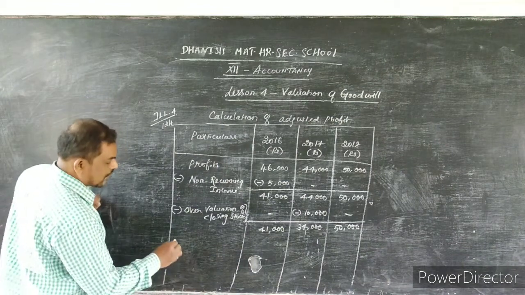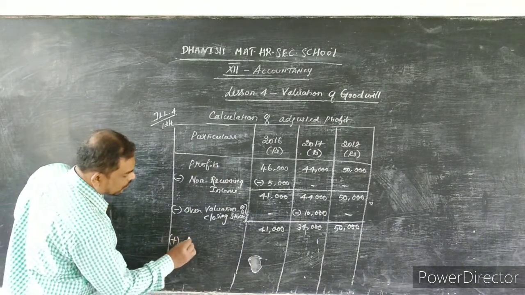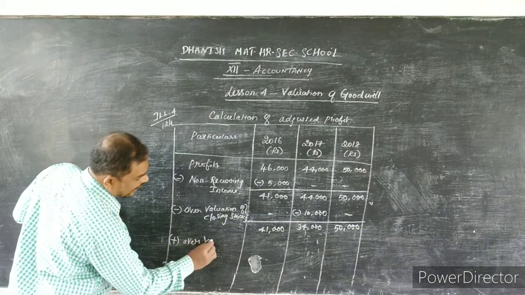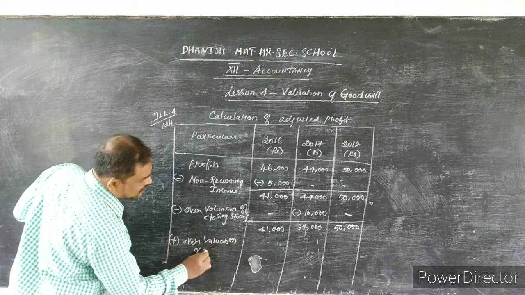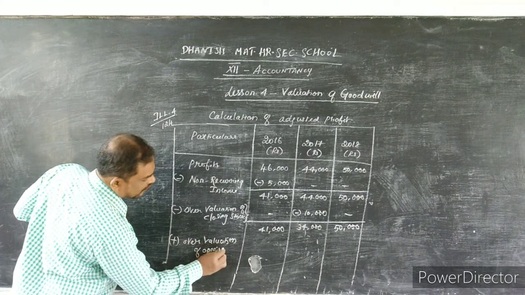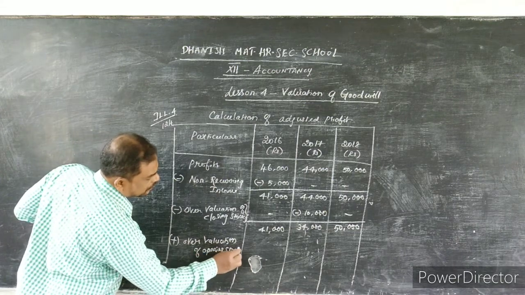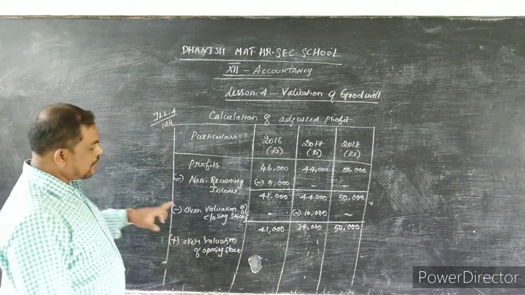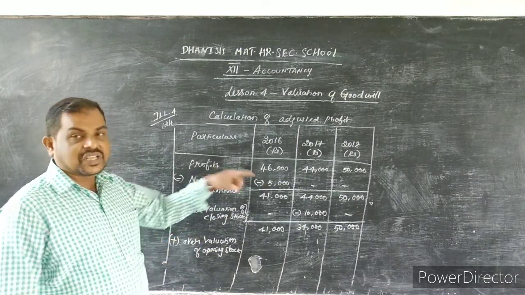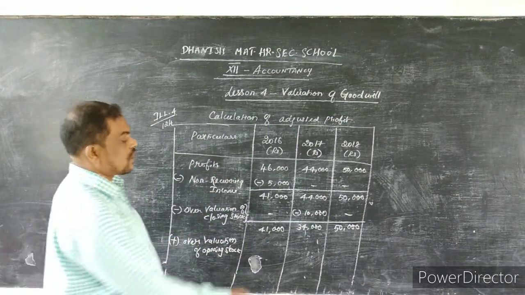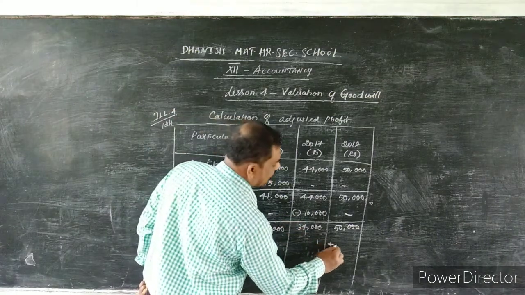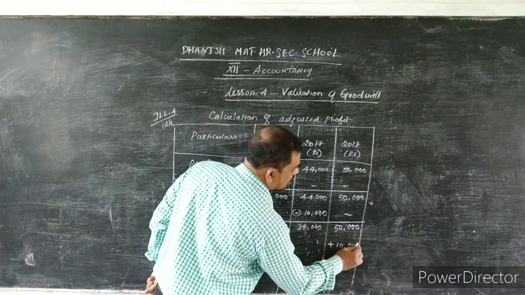Add overvaluation of opening stock. The same amount will be added in the next year in the name of overvaluation of opening stock. So this minus 10,000 will be added here, plus 10,000.